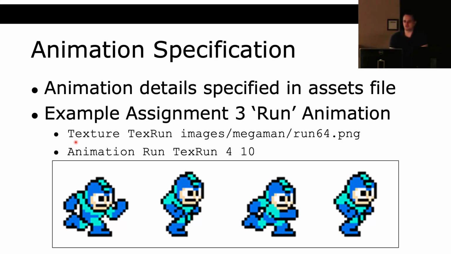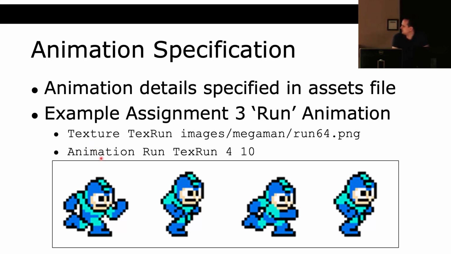One is the texture that the animation is going to be taken from. So I'm going to specify Texture, TexRun, and then the path to that. And Run64 just means that it's 64 by 64 pixels. That's going to be the size of Mega Man.